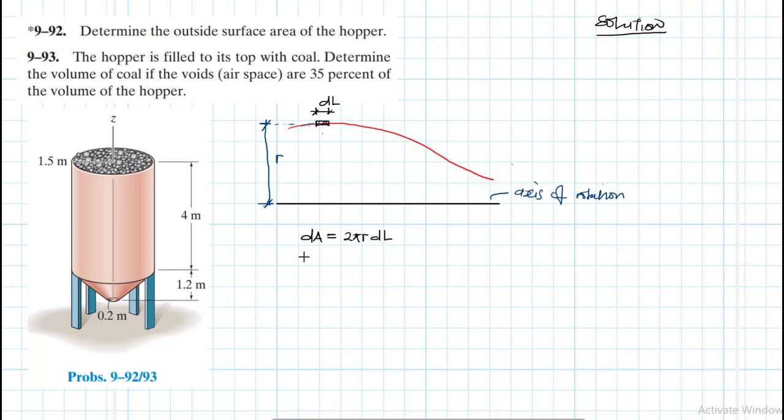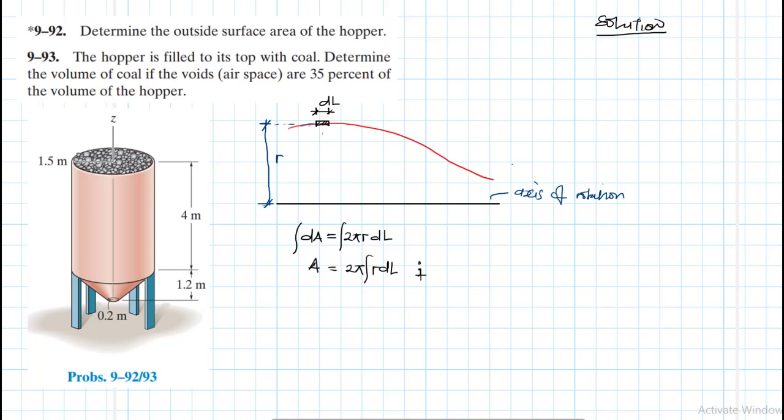Great. So this is the small surface area of our dl. And if we integrate this on both sides, then we have area equal to, we can factor out a 2 pi because it's a constant, then we'll remain with just r dl.